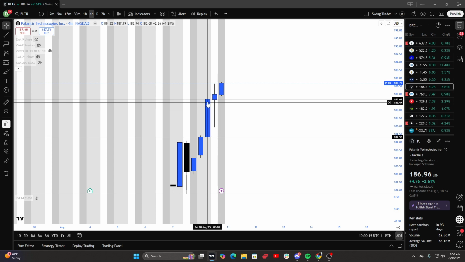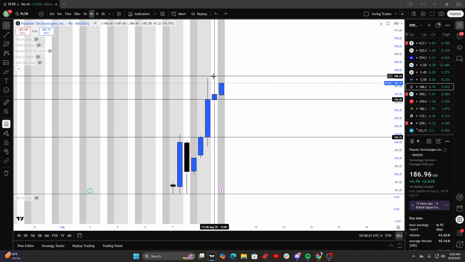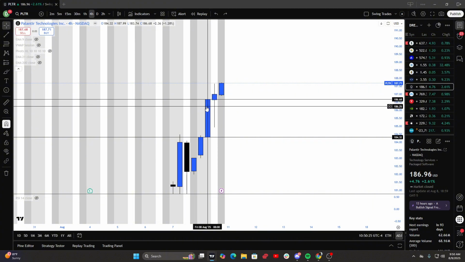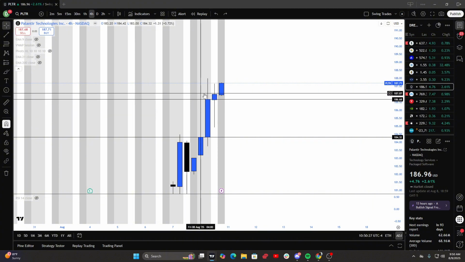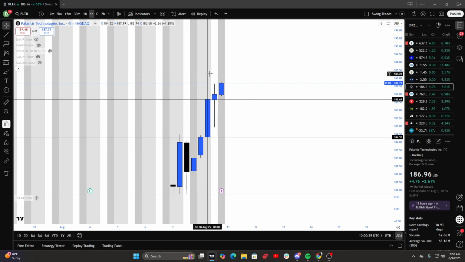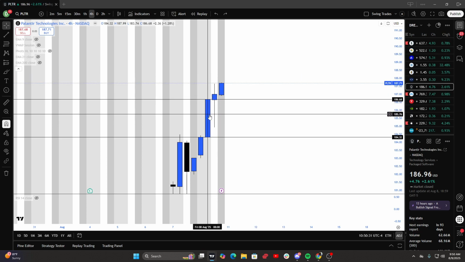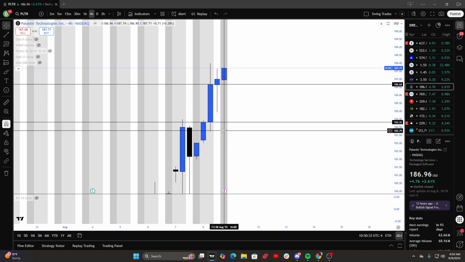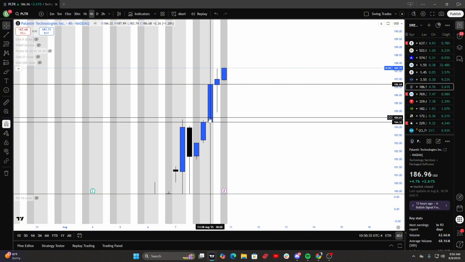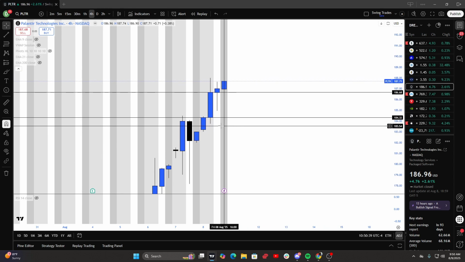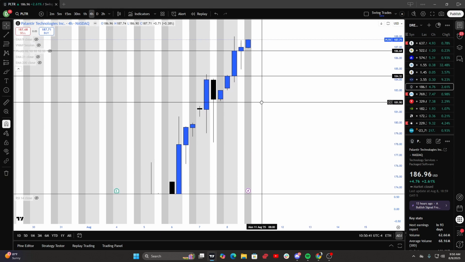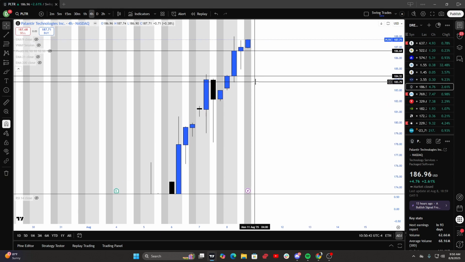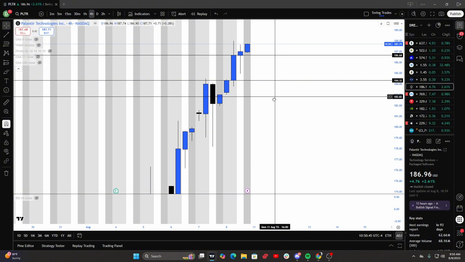So at some point in this 4 hour span of this candle, it got all the way up to 187.99. But it didn't close there, it just got to that high. And it also got as low as 183.74. So wicks can be important because they can show you what price wants to do.